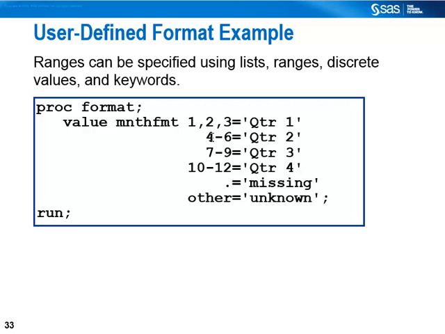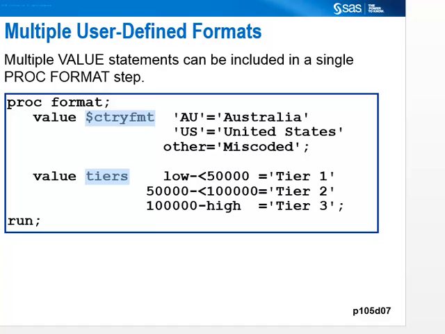If it finds any value between 4 and 6, inclusive, it will give the value quarter 2. If it finds anything between 7 and 9, it will give the value quarter 3, and so on. For a missing value, it will give the word missing, and for any other value it will label it as unknown. So we will run this program and see what happens.